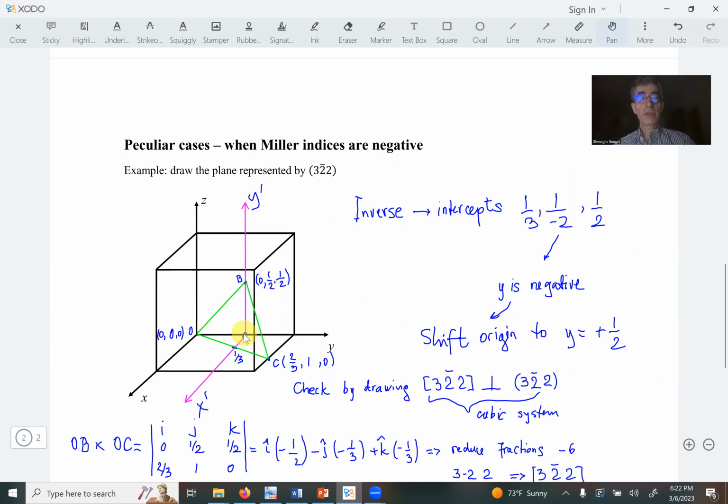I put my origin right here on the y-axis at 1/2, and if I draw the negative 1/2 from the new origin, I will stay within the crystal lattice. Otherwise, I would go negative 1/2 in here, and I can't do that.